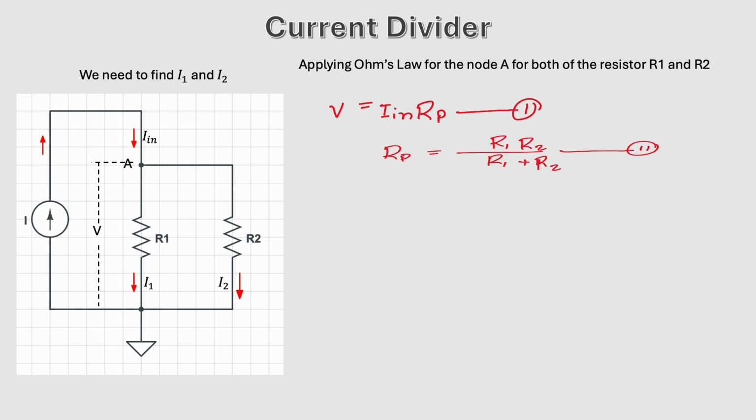So Rp is equal to R1 times R2 divided by R1 plus R2. I put this as equation 2.